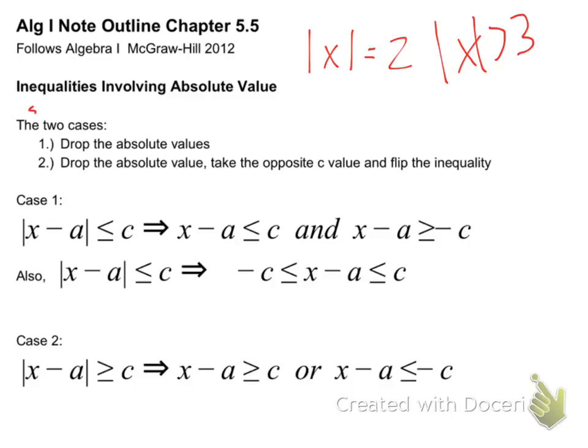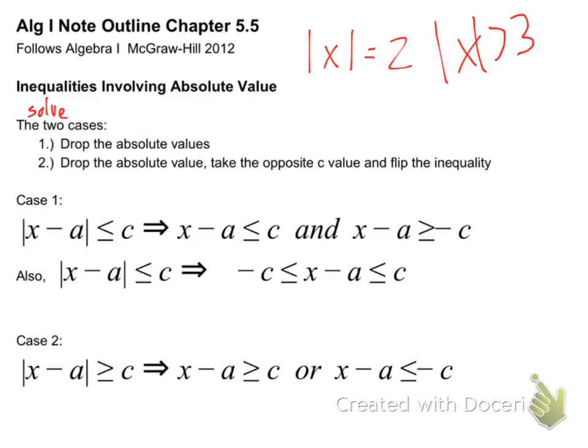So we are going to solve the two cases. And the cool thing about it is you treat them both the same way. It's just that if you notice, there's a different word between them. There's the and, which means intersection, where they overlap. And or is the union, which means all of the values that they have. Taking a little bit of everything.